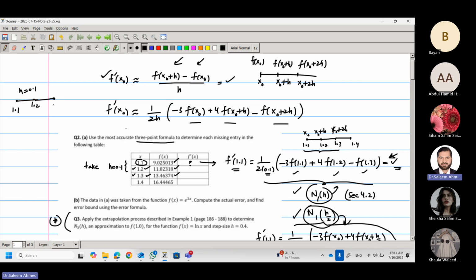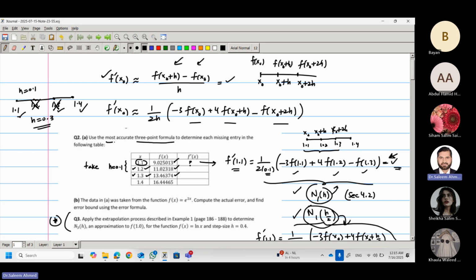Another point given is 1.3. If I use 1.1 and 1.3, I discard this one, then my h is 0.2. Let's say someone says 1.4 is also given, I want to use 1.1 and 1.4. Then my h will become 0.3. So I can use 3 different h to get the answer.